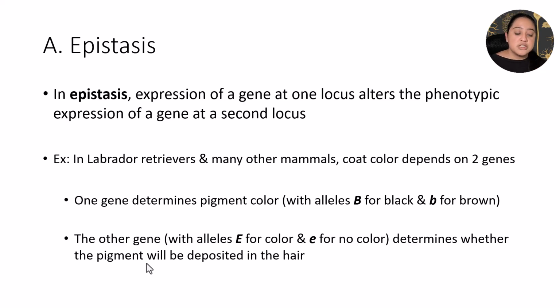One gene determines the color of the coat. If it's dominant, then it's black. If it's recessive, it's brown. So big B for black, little b for brown. That's just coat color. And then the other gene is either dominant for color or recessive for no color. That determines whether that color is going to be deposited in the hair or not.